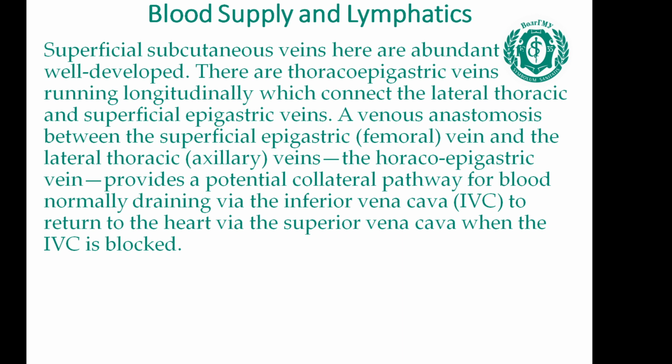And axillary on this line means that the lateral thoracic vein is the tributary of the axillary vein. The thoracoepigastric vein provides a potential collateral pathway for blood normally draining via the inferior vena cava to return to the heart via the superior vena cava when the inferior vena cava is blocked.